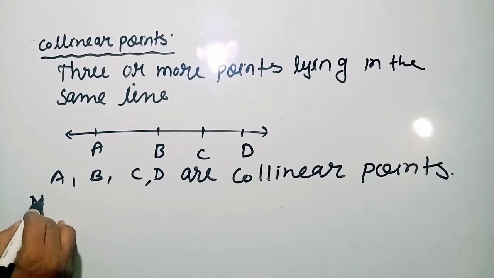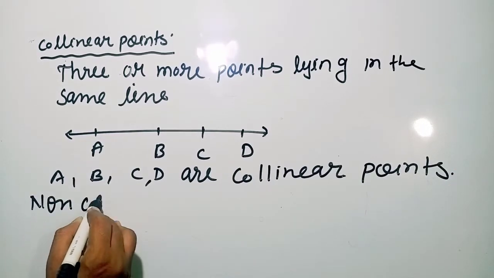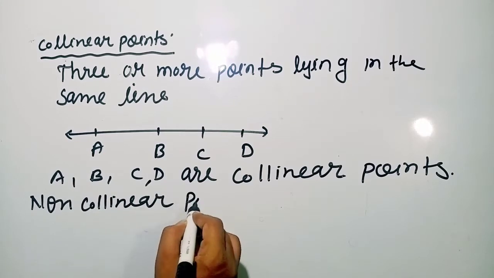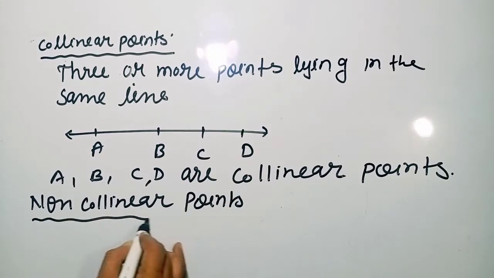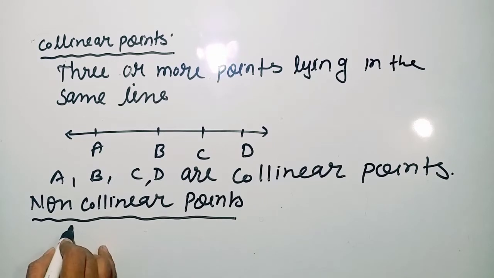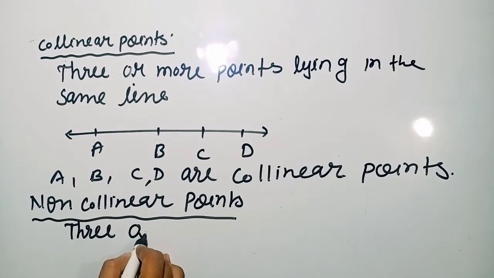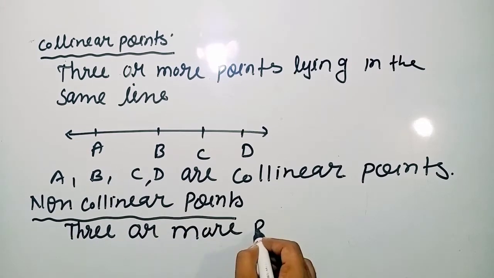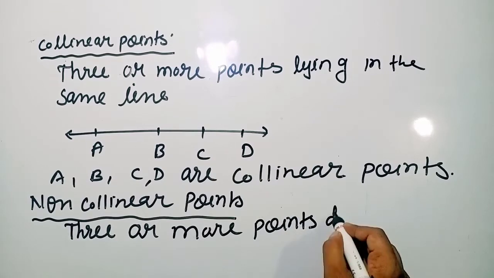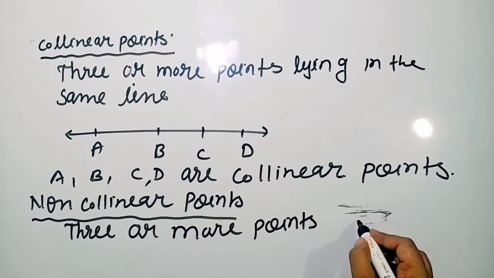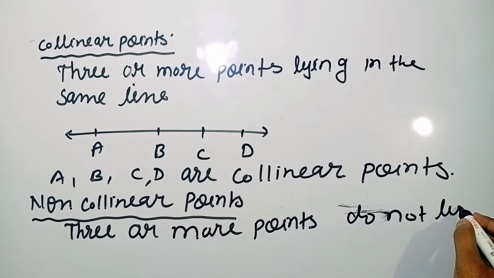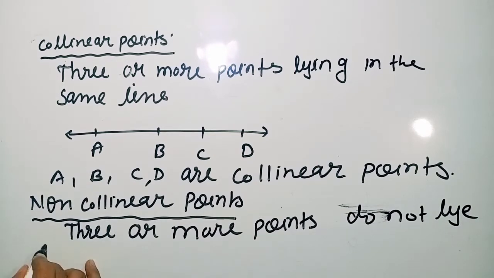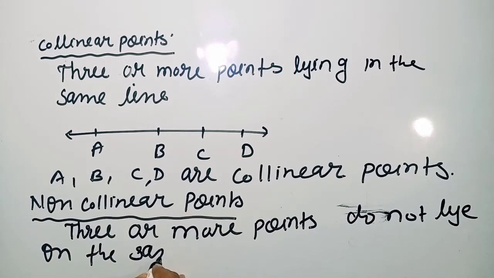Understood students? Now non-collinear points. Three or more points that do not lie on the same line are known as non-collinear points.